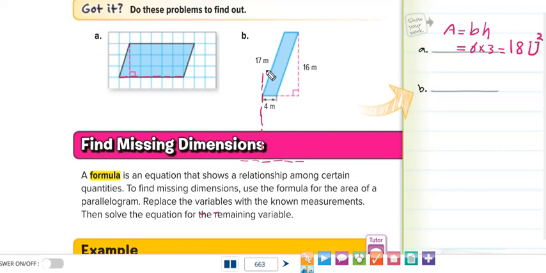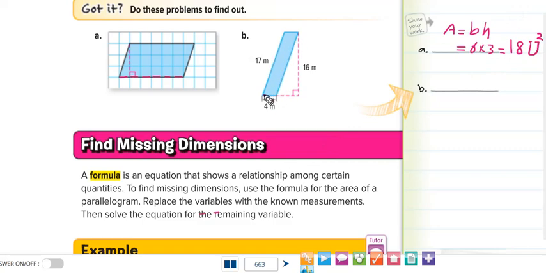Now for problem B, we need to find also the base and the height. Let me erase this one. Okay, now we need to find the area of this parallelogram. So this is the base.